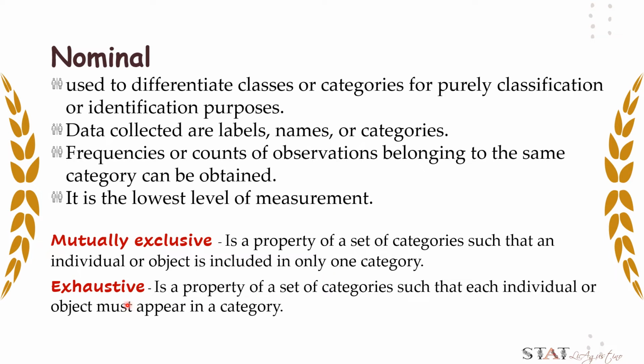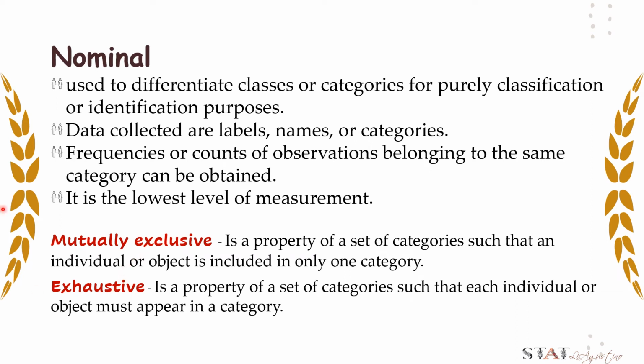And when you say exhaustive, it is a property of a set of categories such that each individual or object must appear in a category. So when the category is gender, I must be in either the male or the female category. So that is the characteristic of a nominal: it is mutually exclusive and exhaustive.